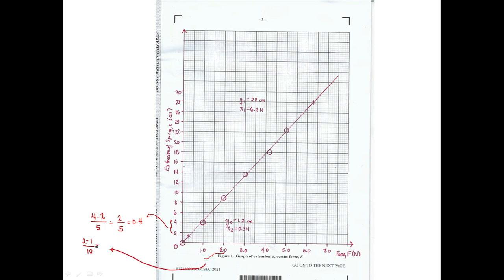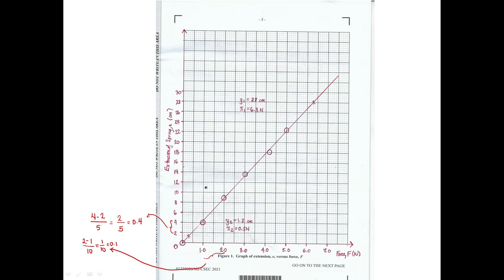And once we get this going, we have 1 over 10, and that'll be equal to 0.1. So each point here is equal to 0.1. So this will be 1.1, 1.2, 1.3, 1.4, 1.5, 1.6, 1. So yes, that's how you work it out. And then you just plot accordingly.